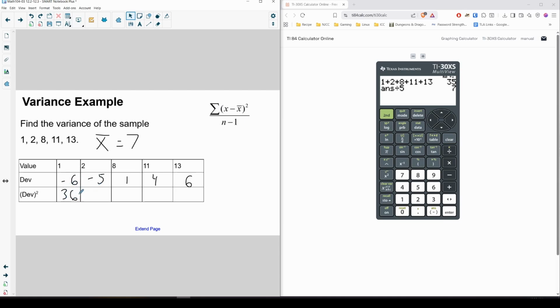Reminder, of course, that negative times negative is positive. 25, 1, 16, 36. And then to find our variance, the top piece here, we'll add all of these up. So 36 plus 25 plus 1 plus 16 plus 36 is a total of 114.